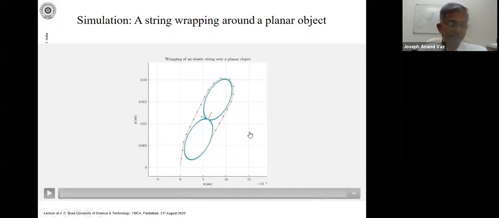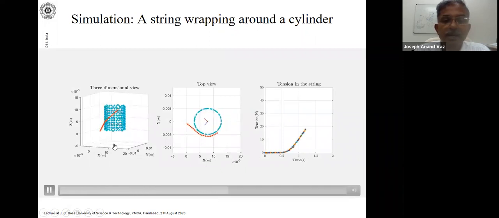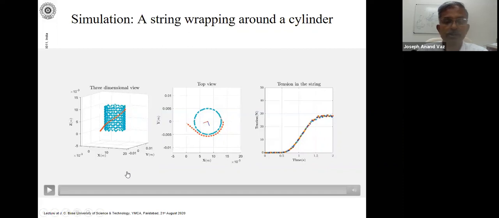You can apply this to a number of three-dimensional cases, for instance, a string being wrapped around a cylinder, and you can see the different views of this, and as it wraps, how the tension increases. So this is how it has been implemented, all using bond graph.